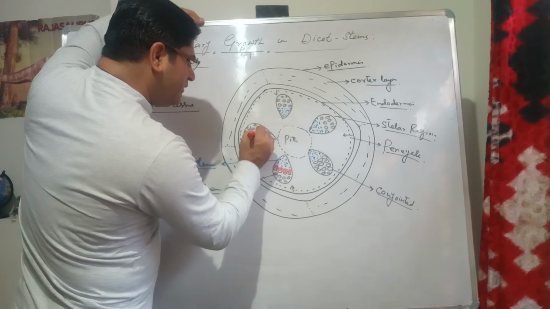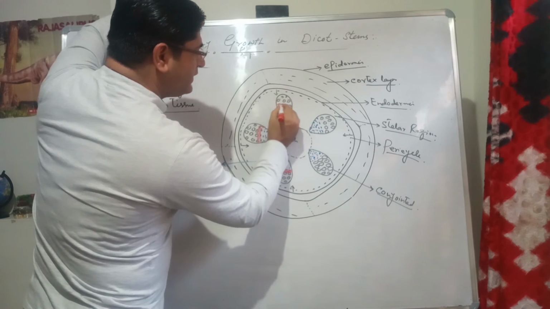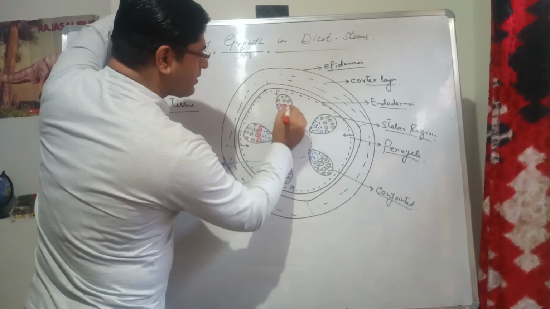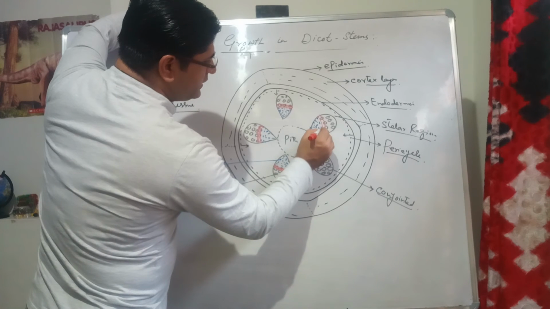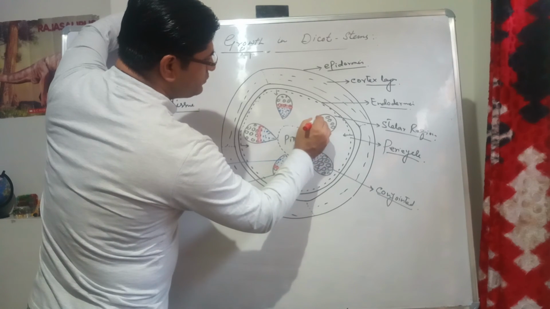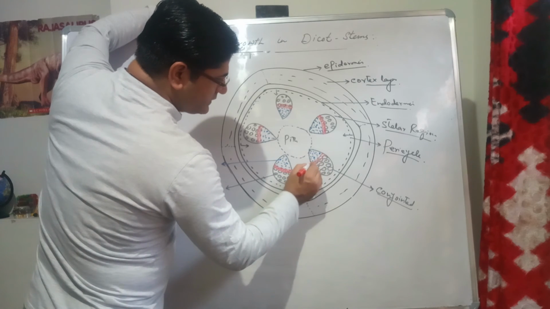Between the xylem and primary phloem, in between that, like this. Initially this meristematic tissue is formed in the form of strips.